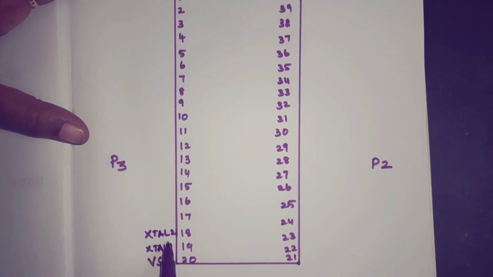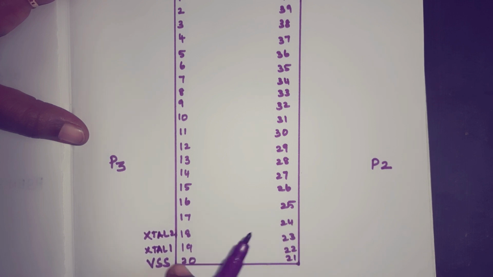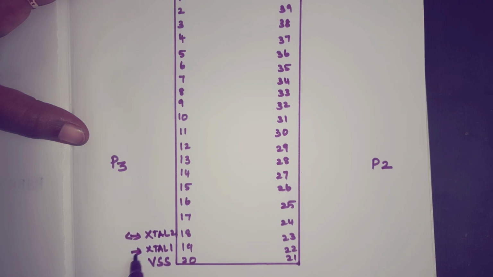So by means of these 2 pins, the external quartz crystal is connected to this microcontroller, and this Crystal 2 pin is a bidirectional pin through which your microcontroller outputs the clock frequency to the peripheral device.